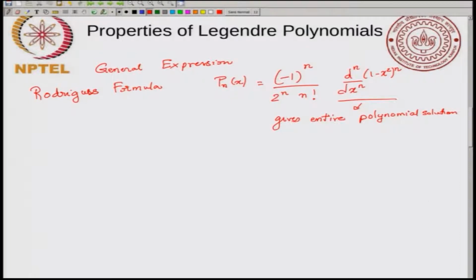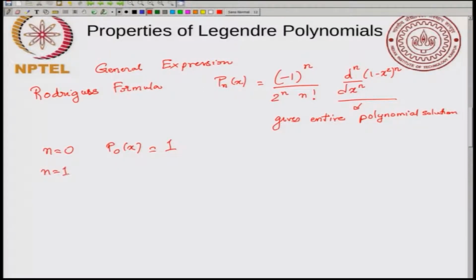So, if n equal to 0, then P 0 of x is equal to 1, since all these constants just become 1. The 0th derivative means you do not take any derivative, and 1 minus x square raised to 0 is also 1. So, this is just 1, and it matches what we had earlier.